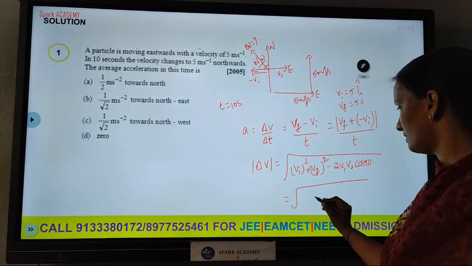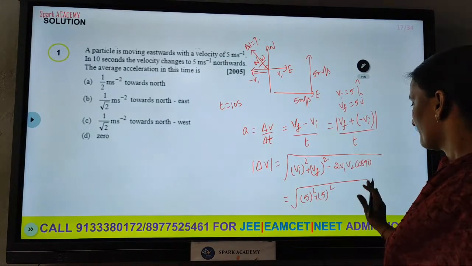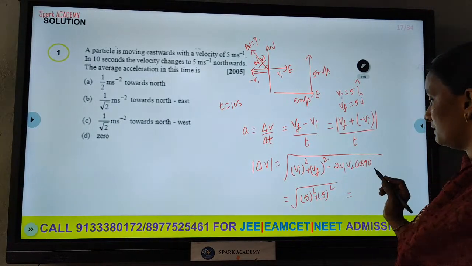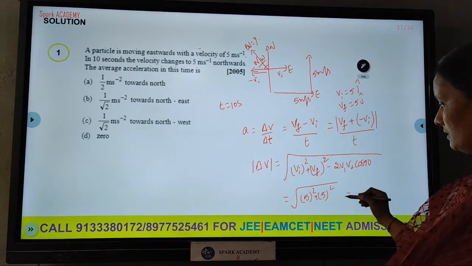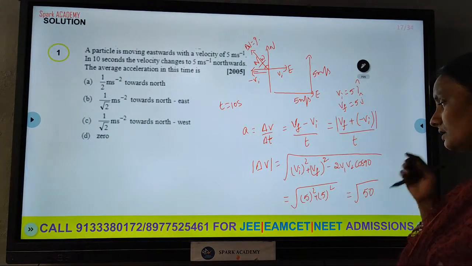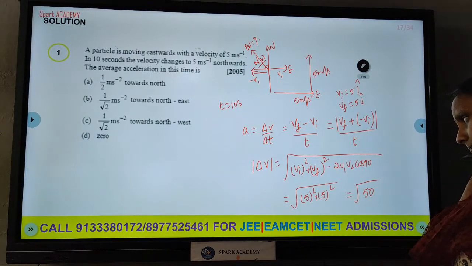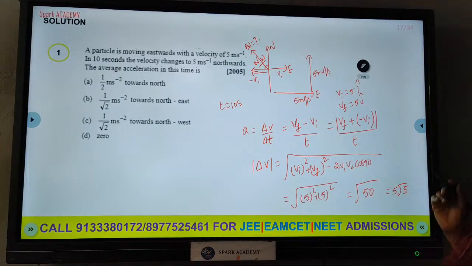Here we can write 5 whole square plus 5 whole square, which will be equal to 50. The root 50.